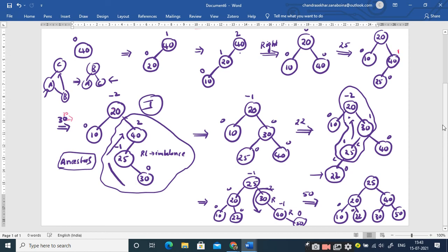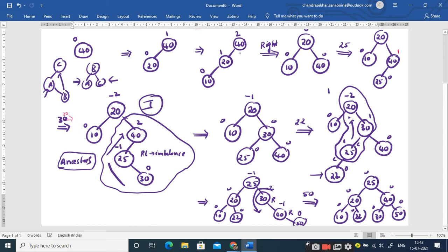So if you calculate the balance factors, everything is 0. So it is not mandatory that every node should have the balance factor as 0. In order to consider it as an AVL tree, the balance factor of each and every node should be within the range -1, 0 and +1. Is it clear up to this point?